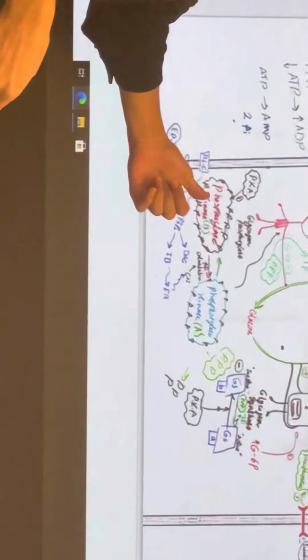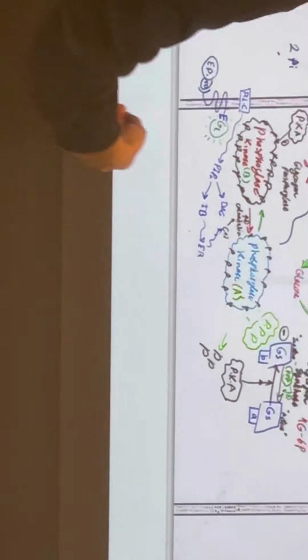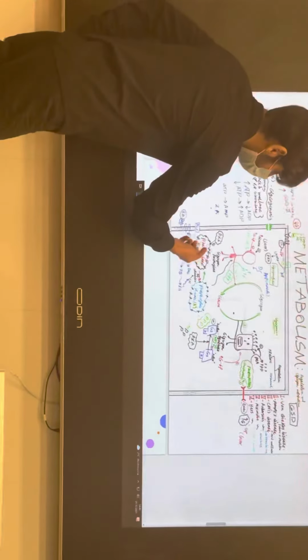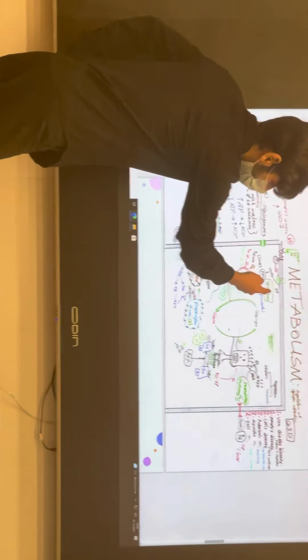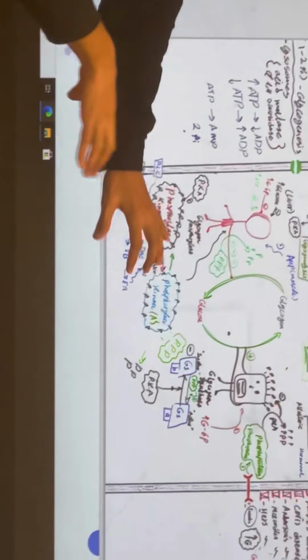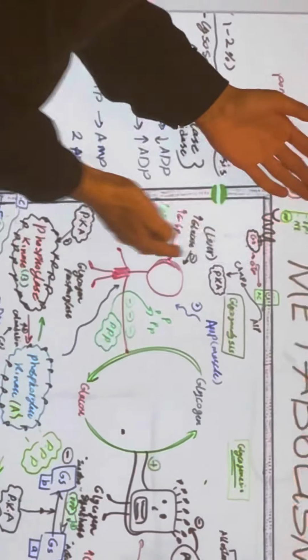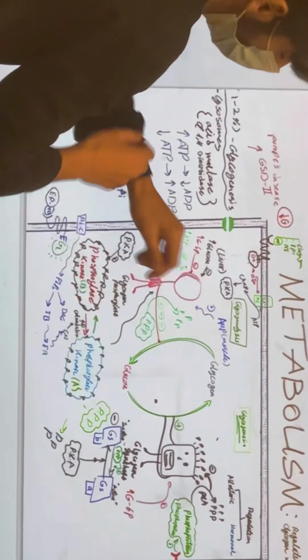B form is the inactive form of phosphorylase kinase, and A is the active form. So what happens is, in glycogenolysis, phosphorylase kinase B is changed to phosphorylase kinase A. How does it happen? For this, I have to go back and start over so that I can relate how this will happen.